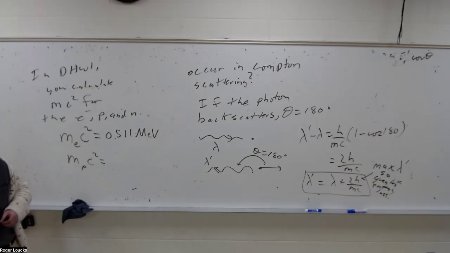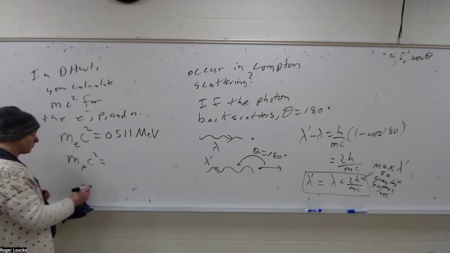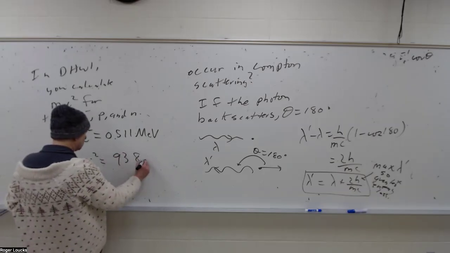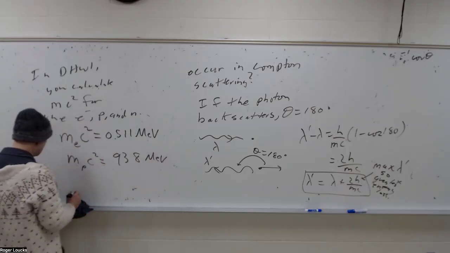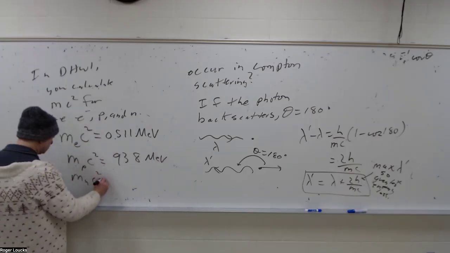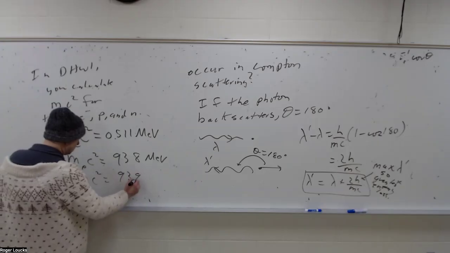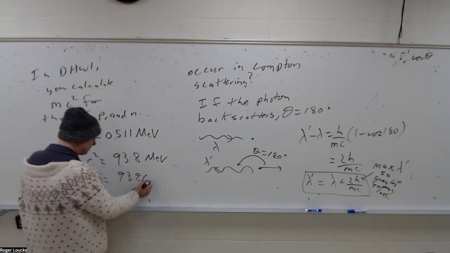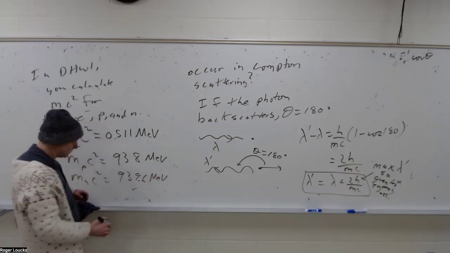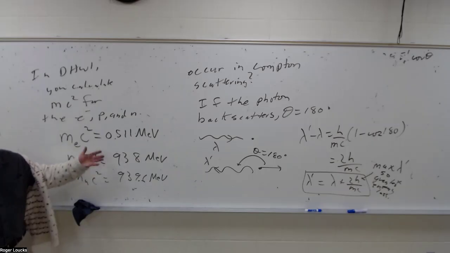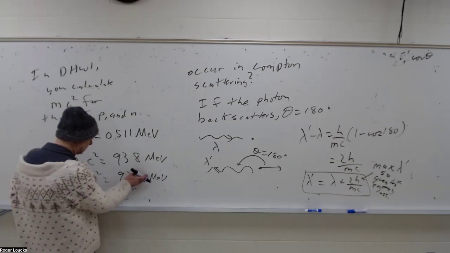For a proton, 938 MeV. And for a neutron, 939.6 MeV. There's a reason why I'm sensitive to this. I'll tell you this perhaps later.